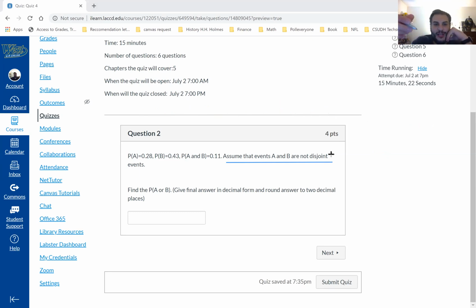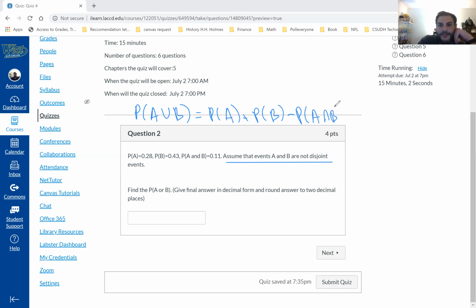The question says find the probability of A or B. So if I want to find the probability of A or B, you have to get the probability of A, add it to the probability of B, and subtract the probability of A and B. Any questions so far regarding that notation?